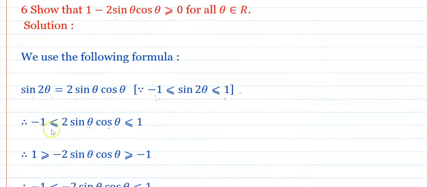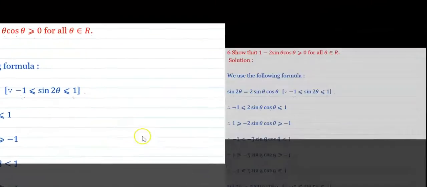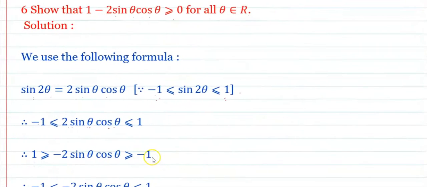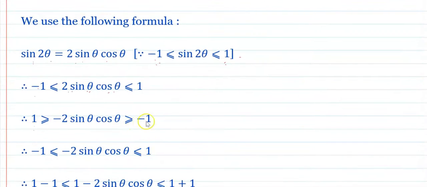Again we multiply this inequality by -1. This minus and minus that will become plus. After multiplying this by minus, you will get -2 sin theta into cos theta. Multiplying this by -1 also, you will get -1. And this you will write as -1 is less than or equals to -2 sin theta into cos theta is less than or equals to 1.